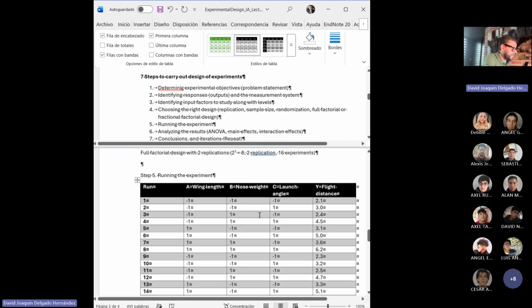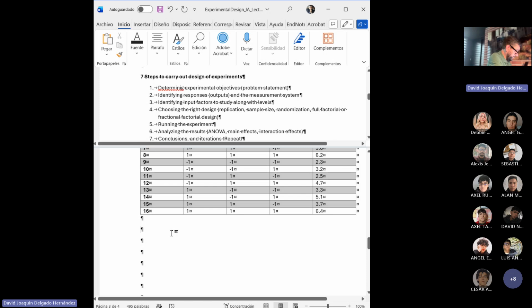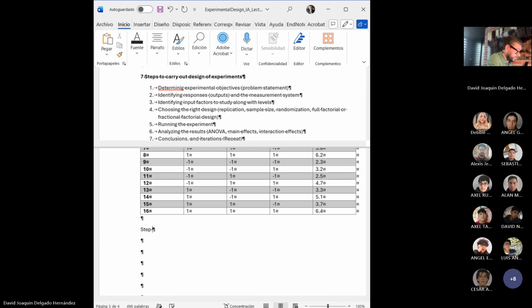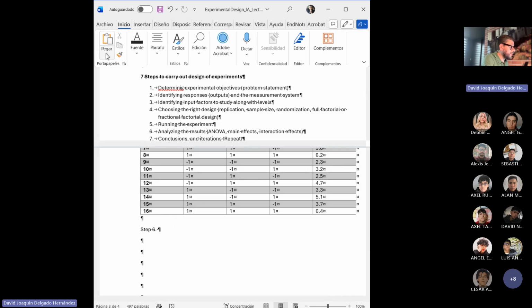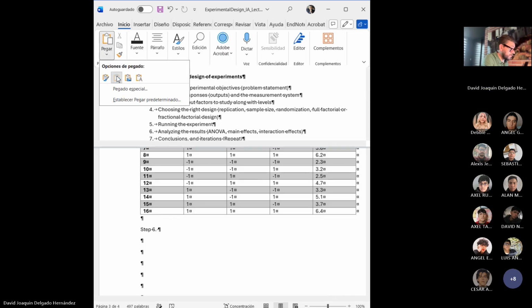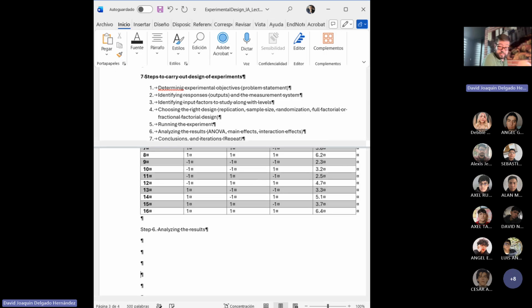Okay, this is step number 5. So step number 6 is analyzing the results. So let me paste it. So I am going to leave this in blank because I have to carry out the experiment and the calculations.